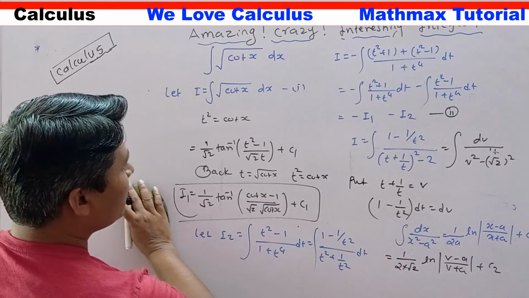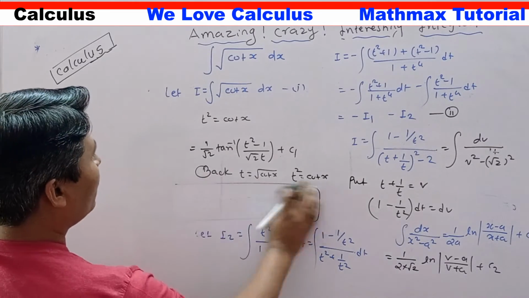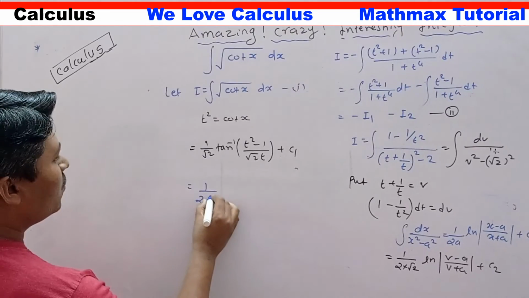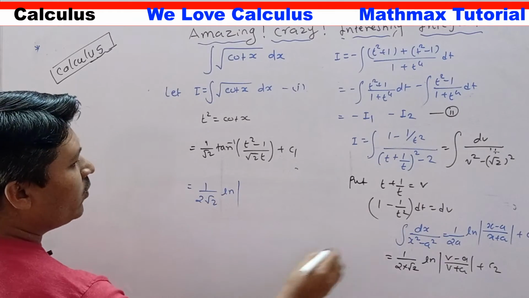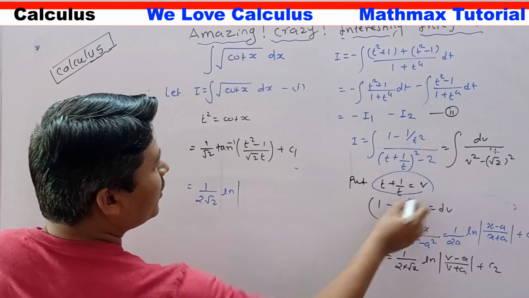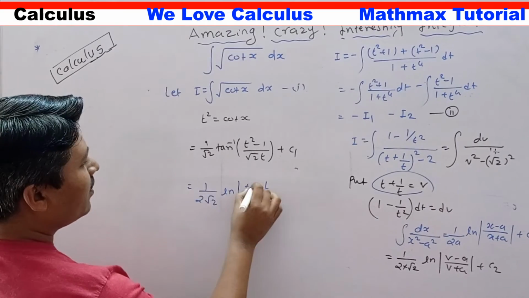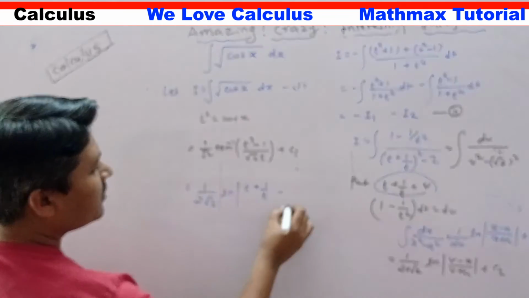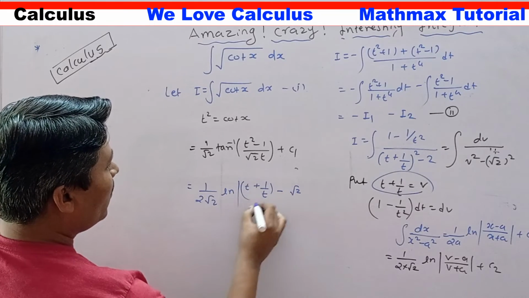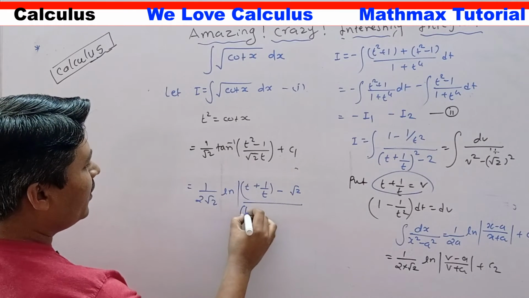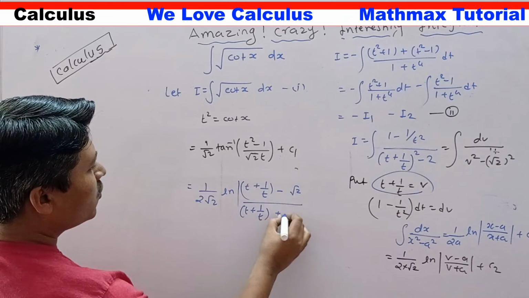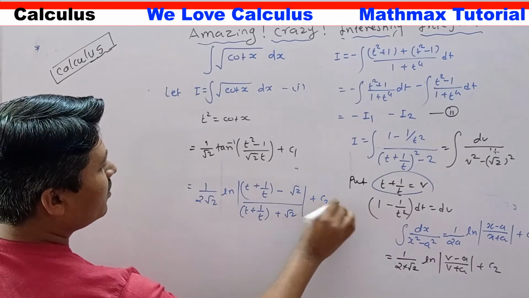We can write in terms of t: 1 upon 2 root 2 ln, back putting v equal to t plus 1 by t, (t plus 1 by t minus root 2) divided by (t plus 1 by t plus root 2), plus c2.